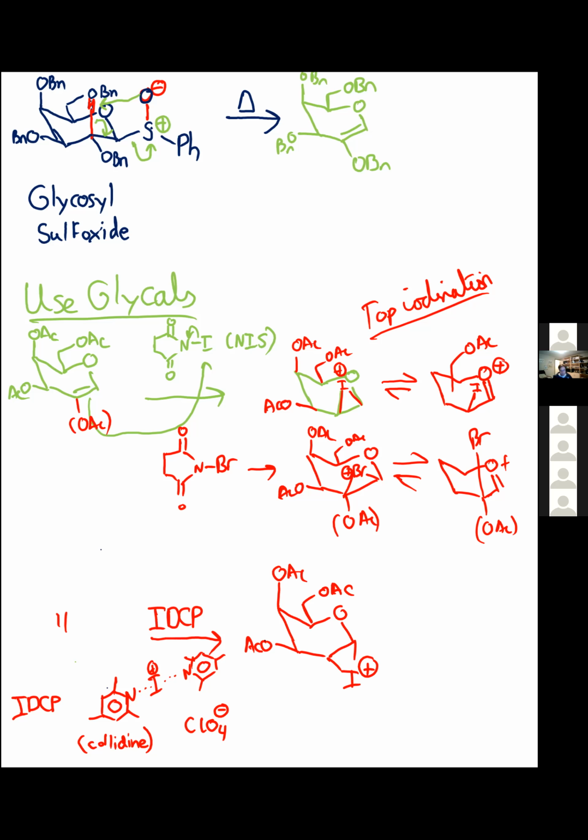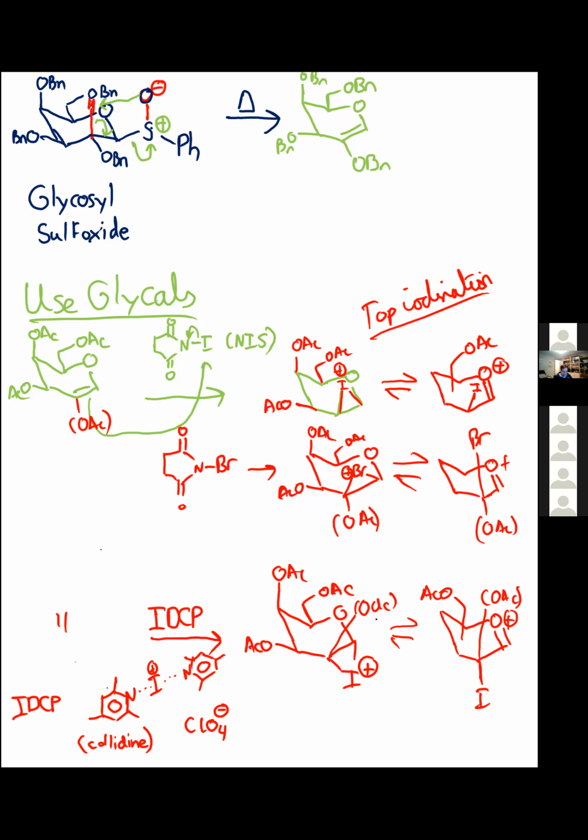And again, you could or could not have an acetate there. It doesn't matter. But you have the oxocarbenium with a down iodine. And it's up to you if you want to have an acetate there. I guess I probably shouldn't have not had it here.